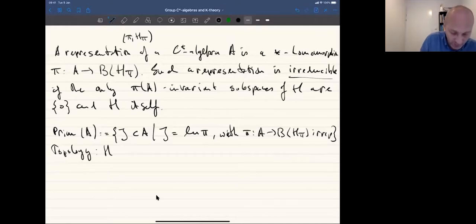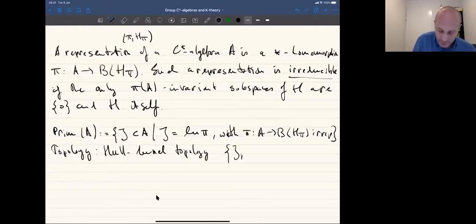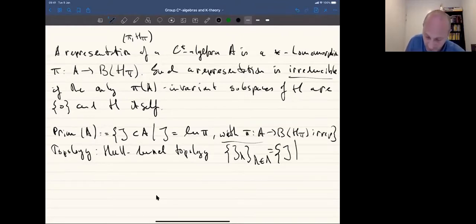It's called the hull-kernel topology. And it says the closure of some set of primitive ideals is the set of primitive ideals for which the intersection of all the elements in a given set is contained in that primitive ideal.